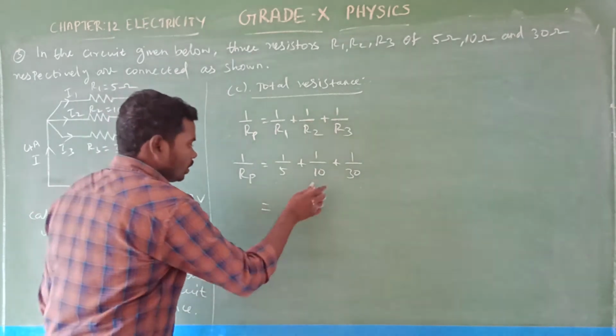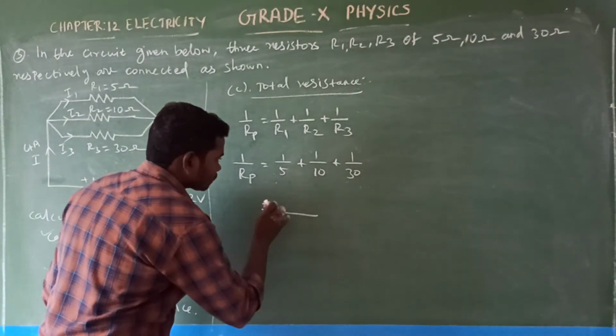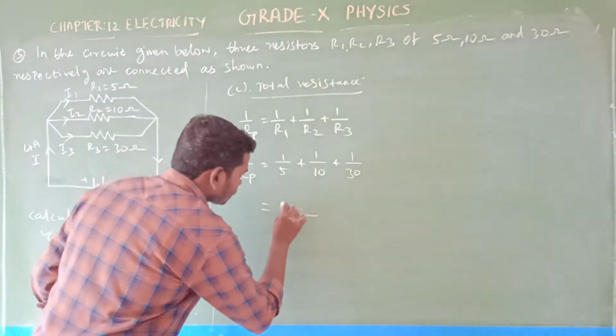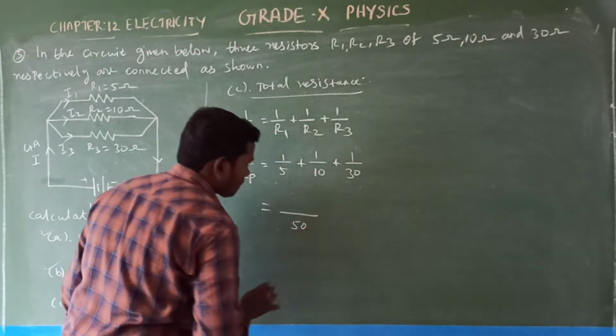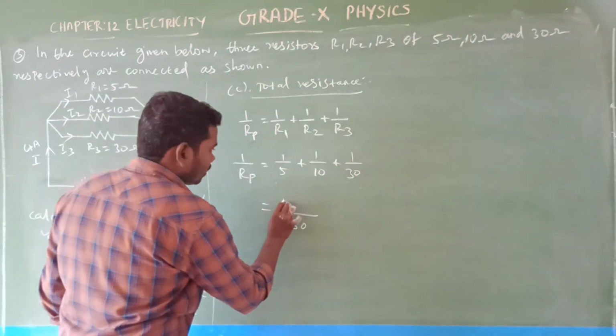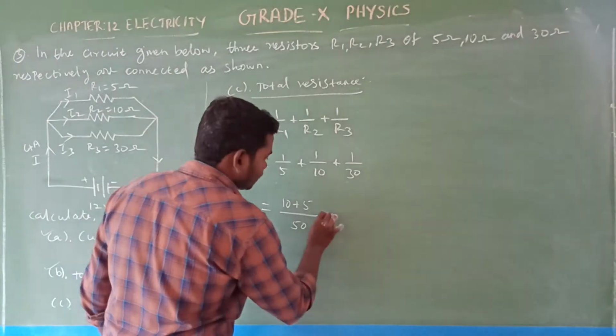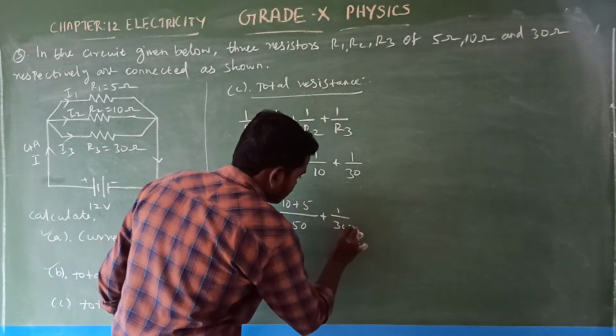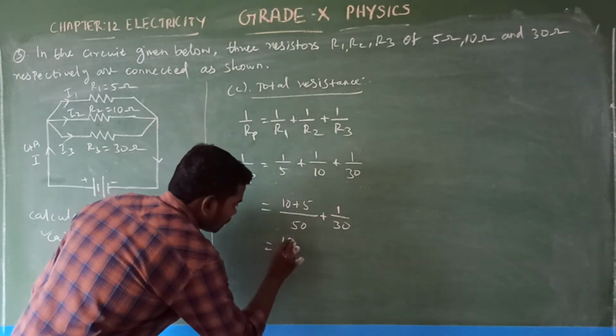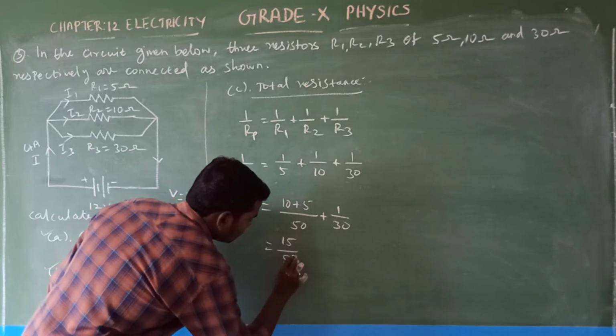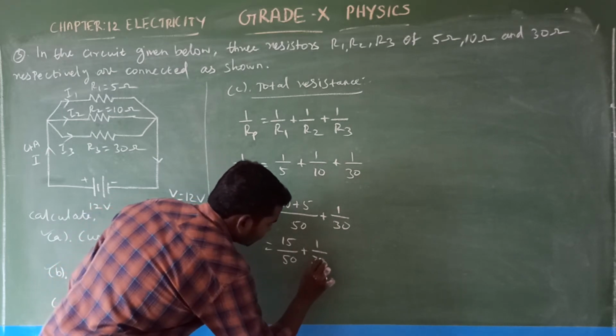So make the LCM, multiply the denominators: 5 into 10 is 50, and cross multiply, 10 plus 5, and the third fraction let it be. So 15 divided by 50 plus 1 by 30.